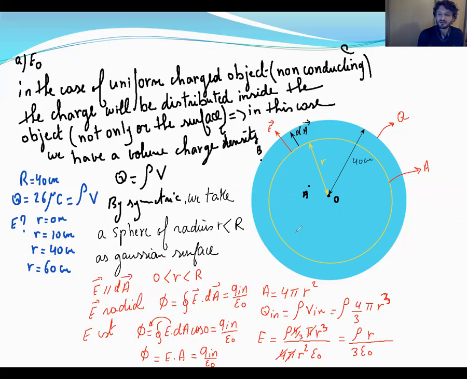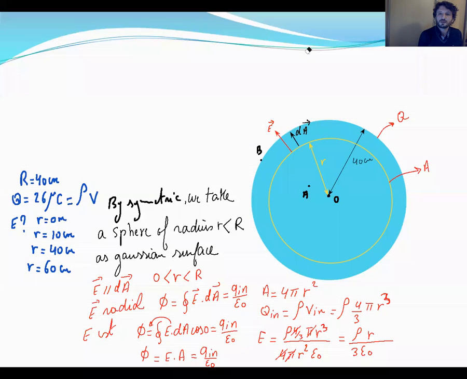Let's write the final formula here. We can say, in the case if r is between 0 and capital R, we have E equals rho r divided by 3 epsilon 0.